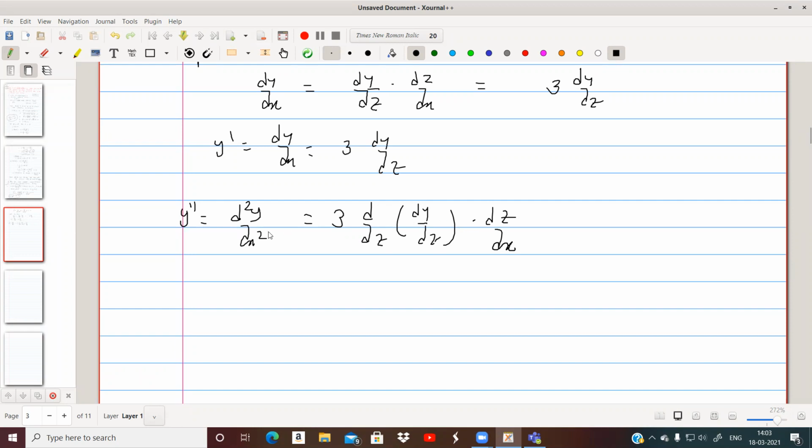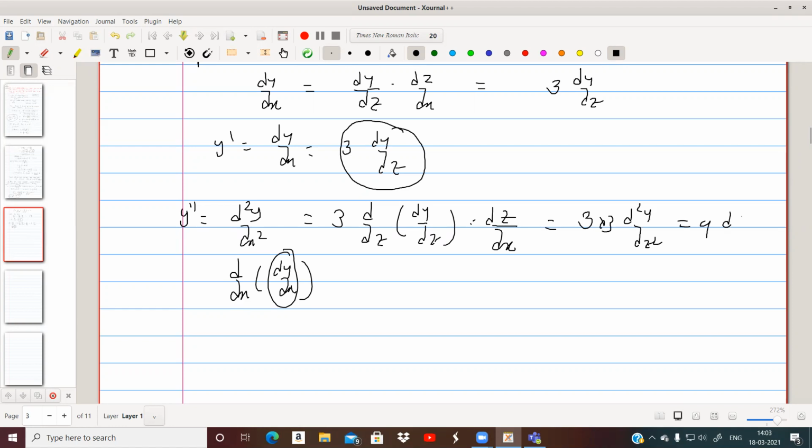Again, d by dx of dy by dx, and dy by dx is 3 dy by dz. So the derivative of this into the derivative of z with respect to x, chain rule we are going to apply. 3 d2y by dz square, and the derivative of z with respect to x is again 3. So it is 9 d2y by dz square.